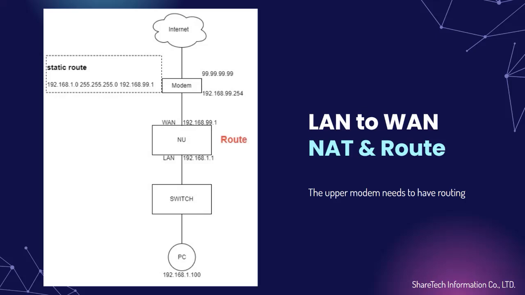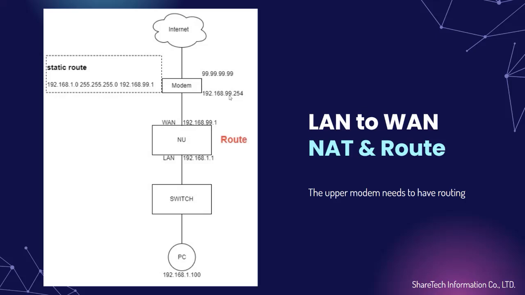Next is the LAN-to-WAN routing mode. This architecture is similar to the previous NAT. The difference is that when the computer with the IP accesses the internet, it passes through the NU in routing mode.